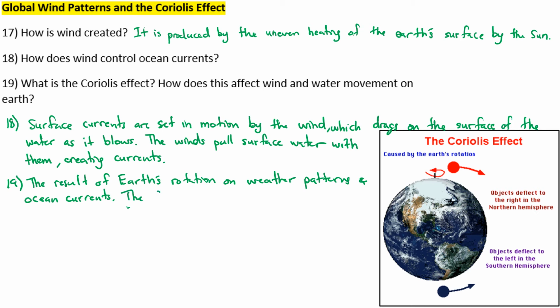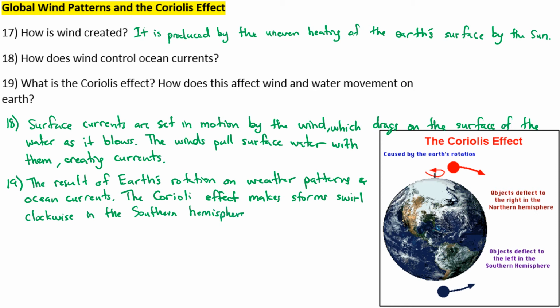The Coriolis effect makes storms swirl clockwise in the southern hemisphere and counterclockwise in the northern hemisphere.